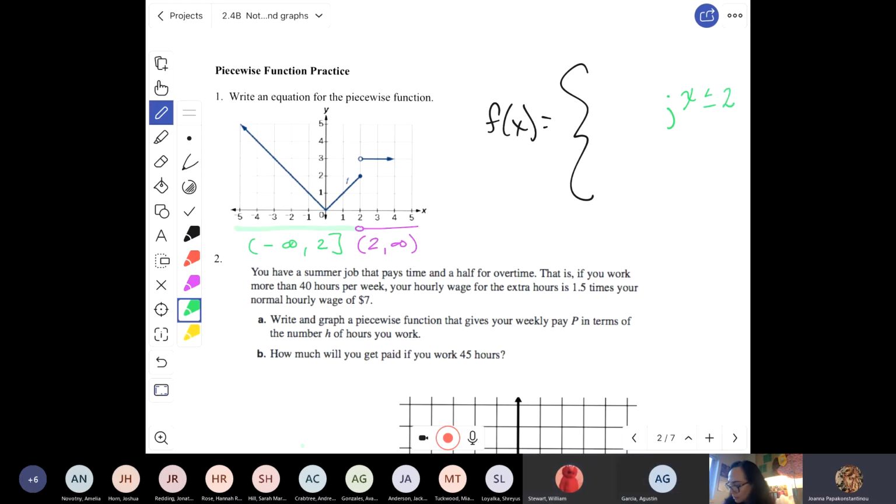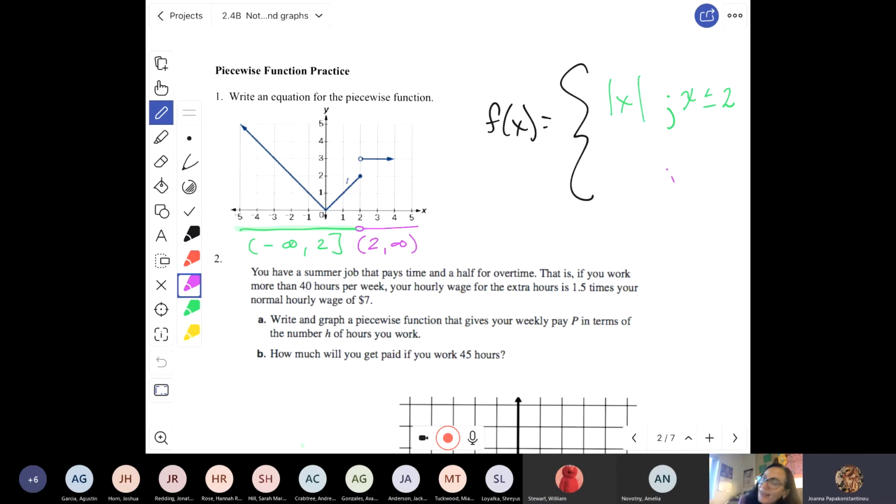And what would be the rule, the equation that corresponds to this? F of x equals what? Do you recognize that? The absolute value of x. Yeah, it sure is. What about the second interval?